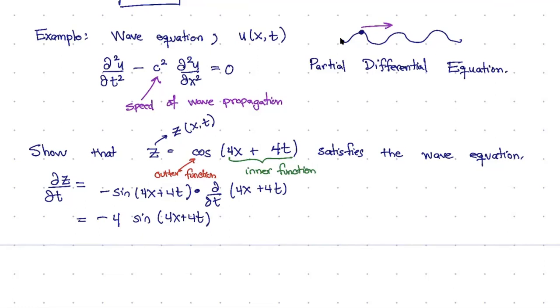You would then do this again, the second partial of z with respect to t. We would take the derivative of this function all over again, treating x as a constant. I will leave the details of the differentiation up to you. Check that you end up with the following. You should get negative 16 cosine of 4x plus 4t.